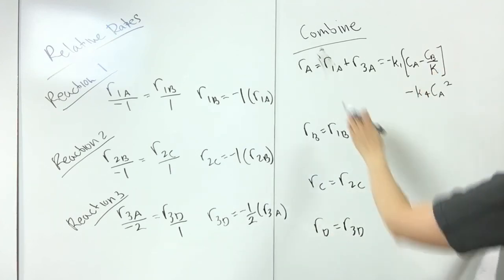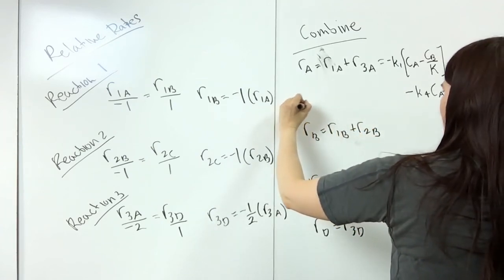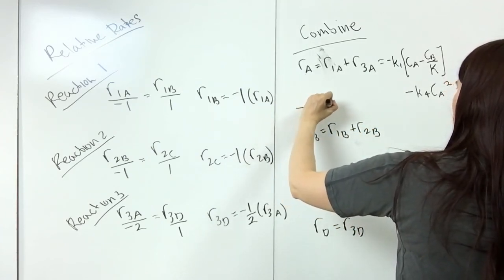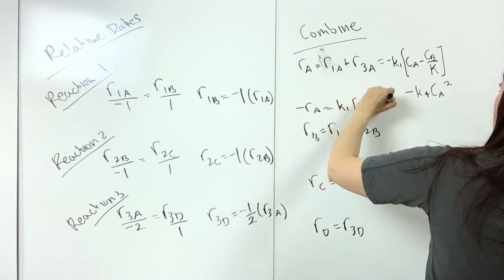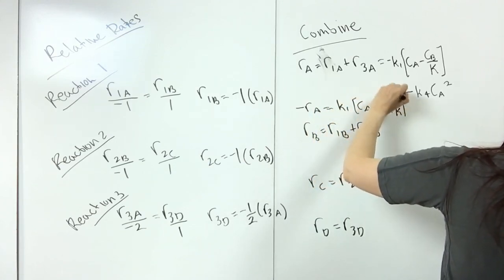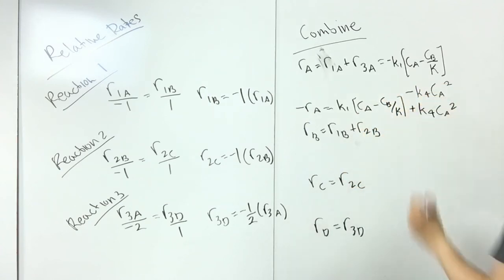If you remember, this is written as the rate of appearance. So if we wrote this as the rate of disappearance, then this would be minus RA is equal to K1 (CA minus CB over K) plus K4 CA squared.